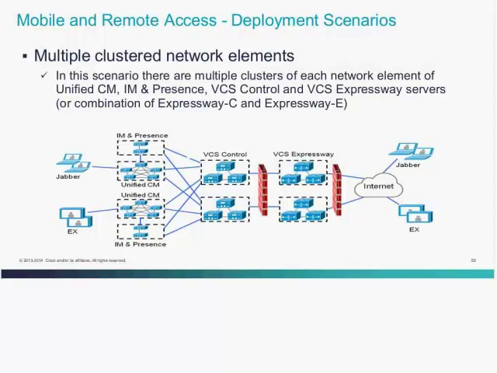The reason is, once it receives the UDS query, VCS is going to do a UDS broadcast. Expressway C, which is 8.1 and above, has been designed to talk UDS to the Communication Manager server. So once it receives a query from the Jabber client via Expressway E, the Expressway C or the VCS Control is going to do a UDS broadcast, and it will send the broadcast to both the clusters.